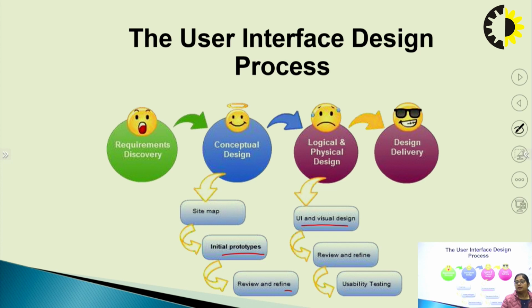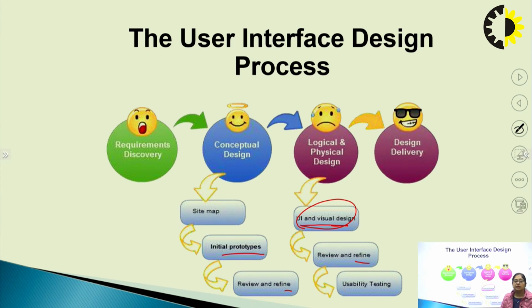Whatever you require, you just do the logical design. Then, once you have done all the UI and design process, you do the review. Review the visual design again, and if it needs any refinement, you do the refinement.